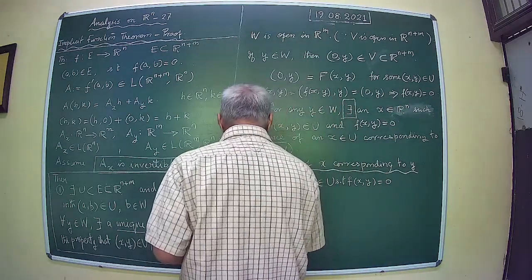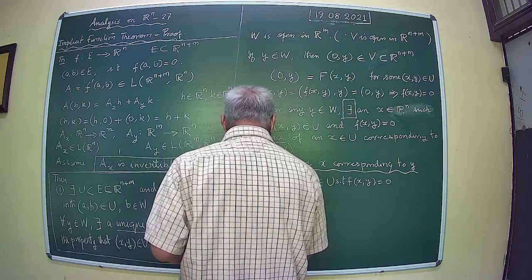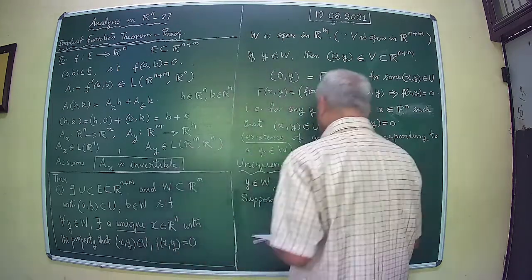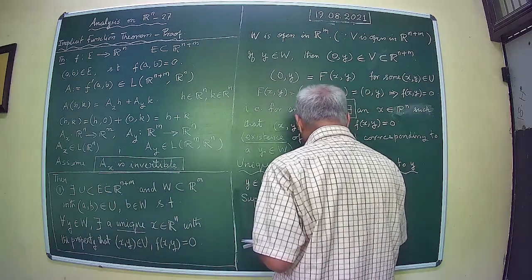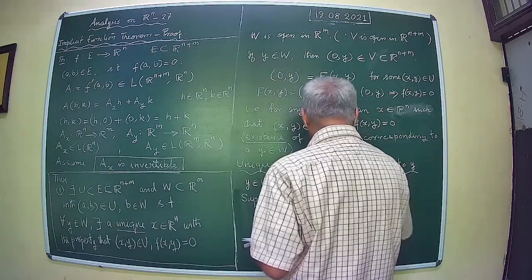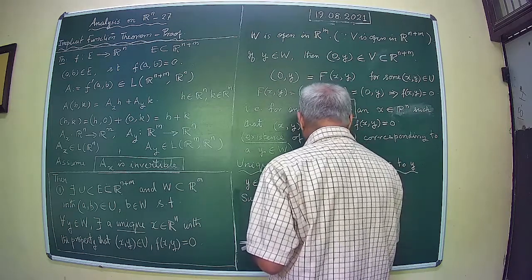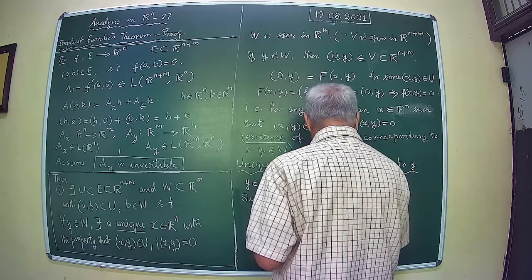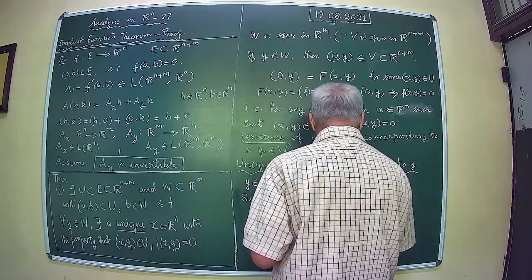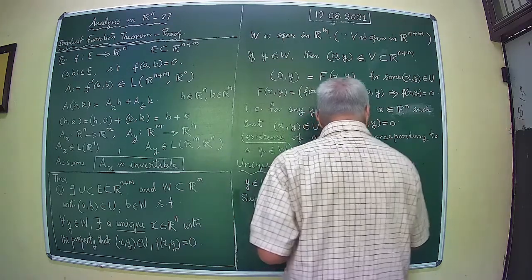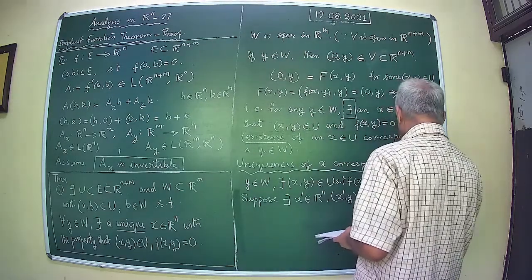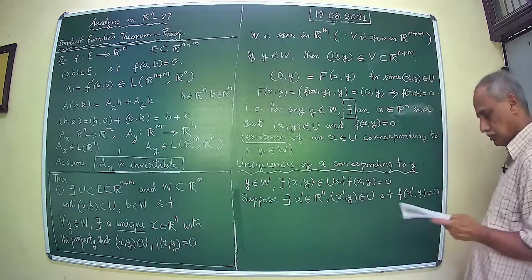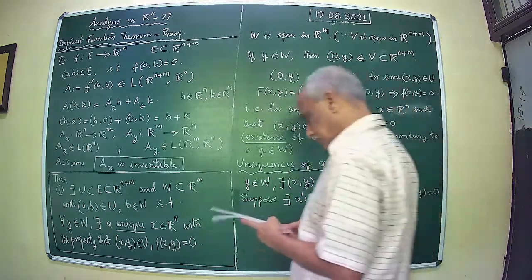Suppose x prime y belonging to U also satisfies f of x prime y equal to 0.